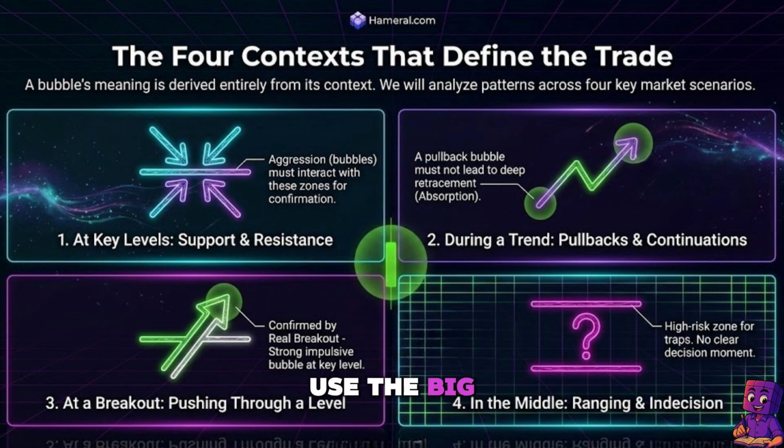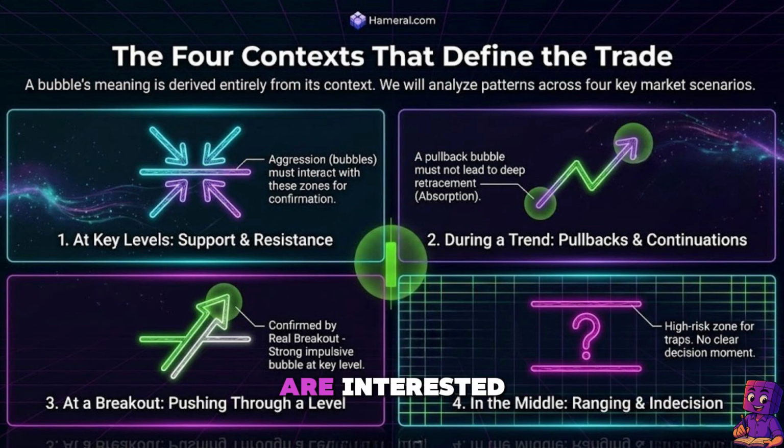Where do we use the big trades bubbles? A bubble's meaning is derived entirely from its context, so we tried to explain their use within one of these 4 contexts, which are the most common. Of course, there are many strategies, and some of them may use big trade bubbles differently depending on their rules.